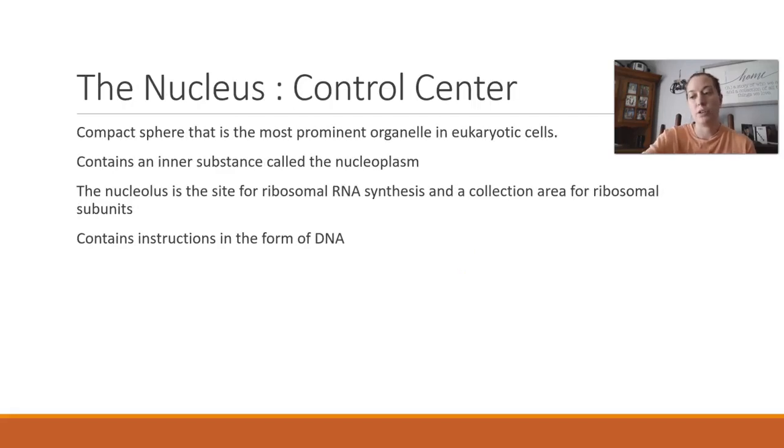All right, on to the nucleus. It is the control center, essentially. It stores the DNA. It has a compact sphere and is the most prominent organelle in eukaryotic cells. It's got the nucleoplasm, and it's a site for ribosomal RNA synthesis and a collection area for ribosomal subunits.